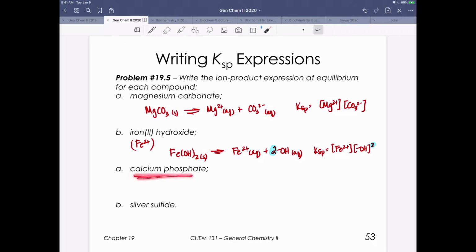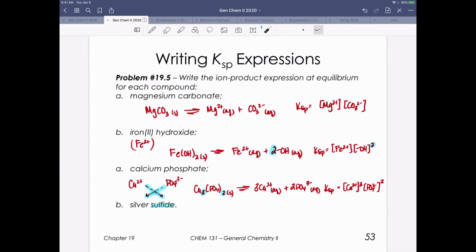All right, calcium phosphate. Try writing a balanced chemical equation for its dissociation and then the corresponding KSP. This one reminds us that if we're building a formula unit, an ionic compound's formula, we have to make sure that we have this cross multiplication in terms of figuring out the simplest whole number units that we have for these to generate a formula unit.